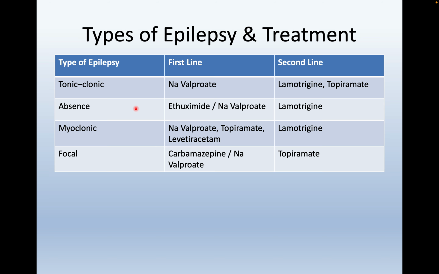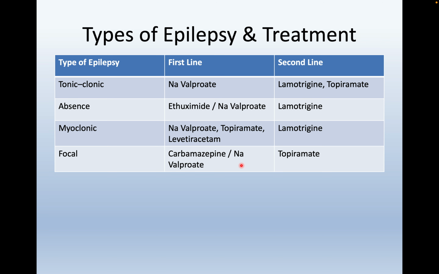Absence: ethosuximide and sodium valproate. And do not forget, I'm trying to change my tone just to make it a little memorizable for you. Absence seizure: ethosuximide or sodium valproate, and also second line lamotrigine on almost everyone. Myoclonic epilepsy, sodium valproate. As I told you with generalized tonic clonic, topiramate and levetiracetam, and the second line lamotrigine.